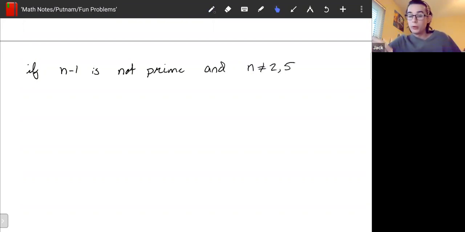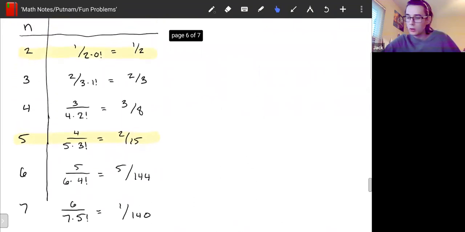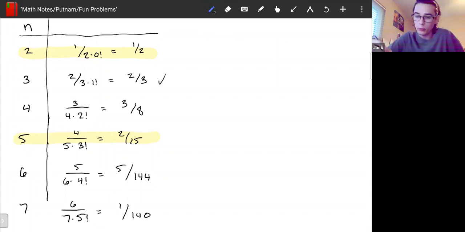So what does this mean? Well, if we go up to our chart here, let's see. We have that 2 is accounted for. 3 right here is 1 more than a prime, so it's accounted for. 4 is 1 more than a prime, so it's accounted for. 6 is 1 more than a prime, so it's accounted for.